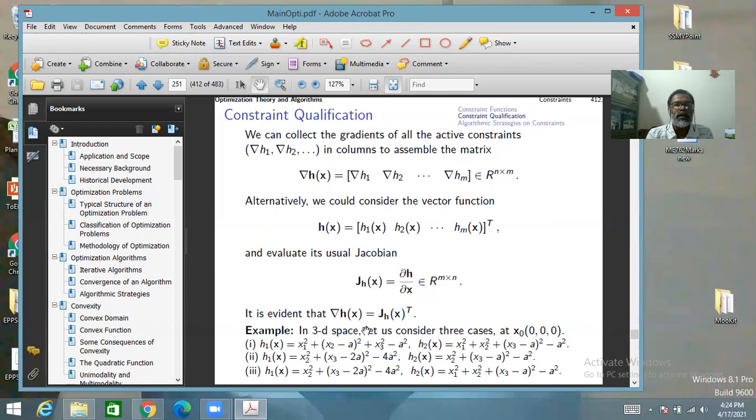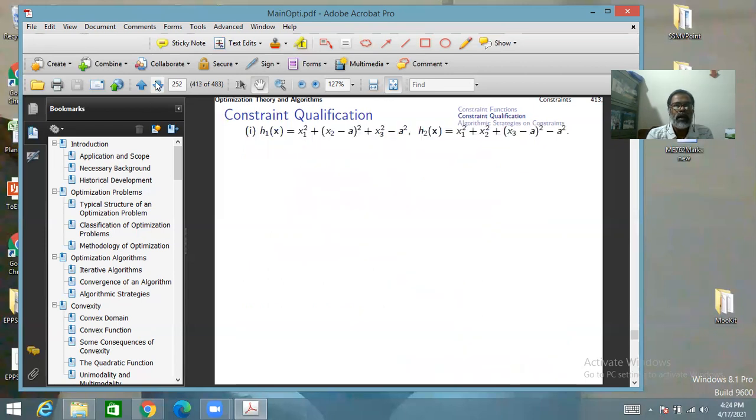Okay, so first we take the case in which you can see that this is a sphere. This equal to 0 will give you a sphere with center at 0, a, 0 and radius a. The center is on the second axis. Here, a similar sphere, same size, but its center is on the x3 axis.